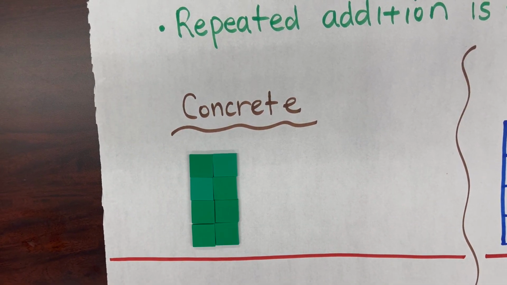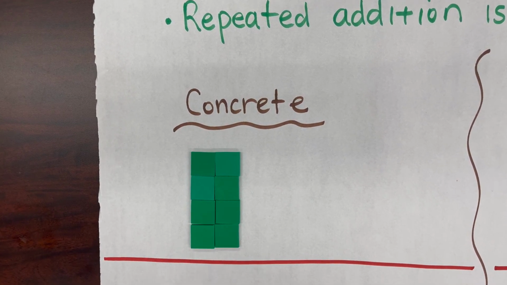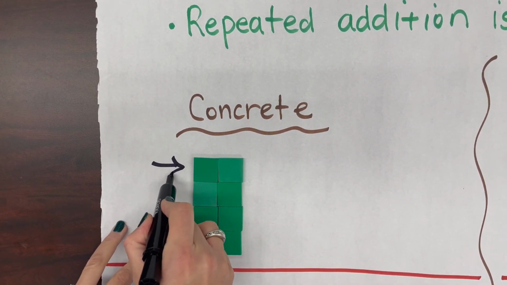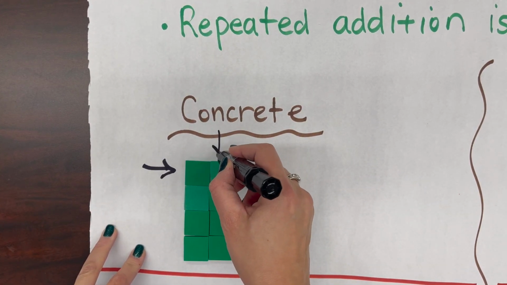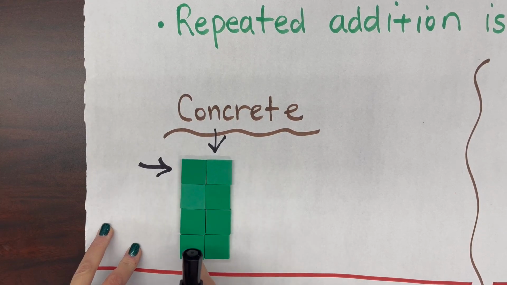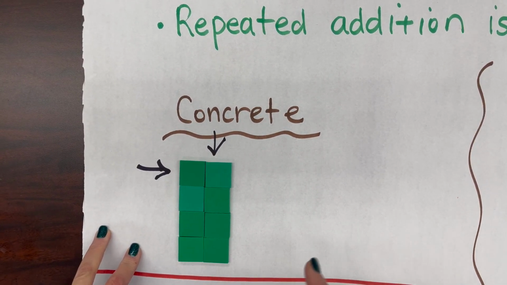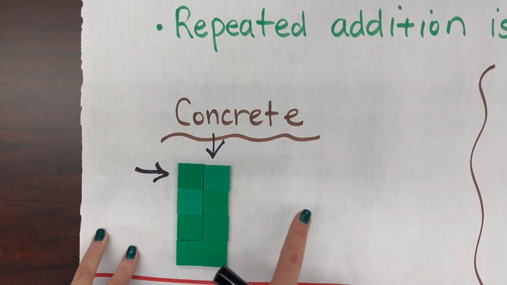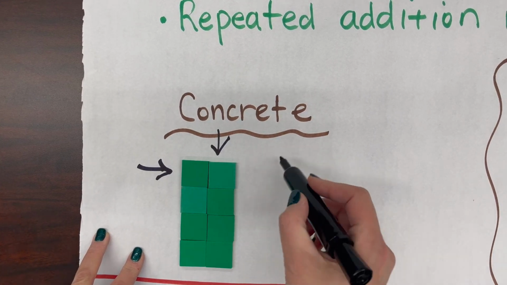So if I were to come up with some equations that would make sense for this particular array, I can look at the row where I have 2 blocks in each row, and then I can look at the columns where I have 4 blocks in each column. So I can represent this array in 2 different ways. I can look at the rows and use repeated addition. So 2 plus 2 plus 2 plus 2.